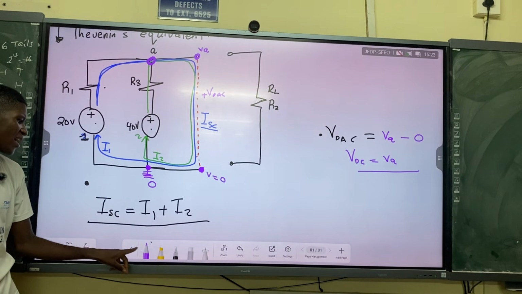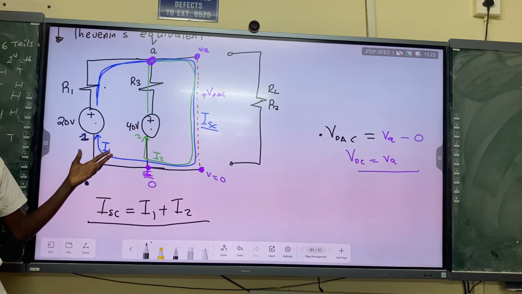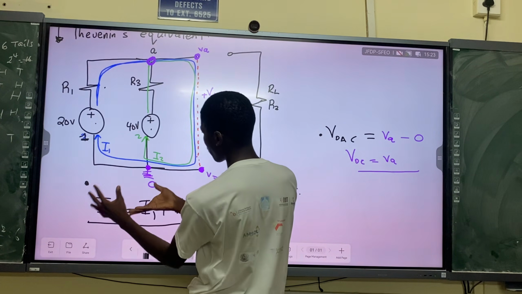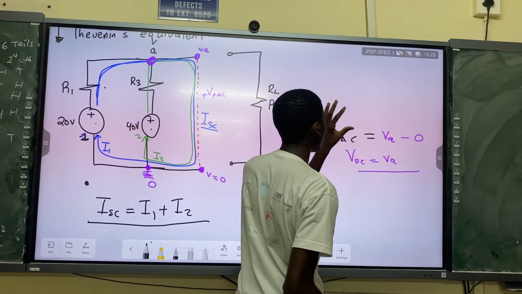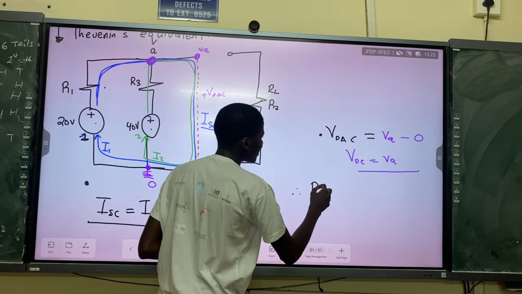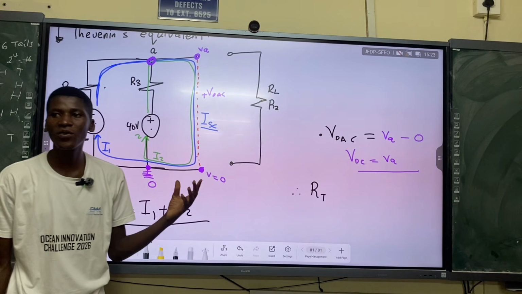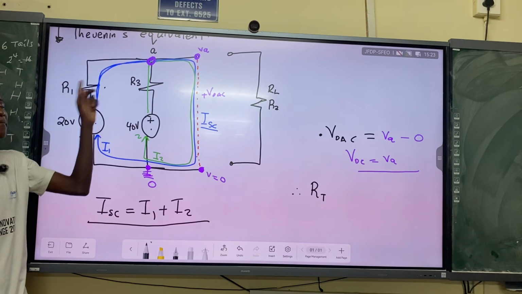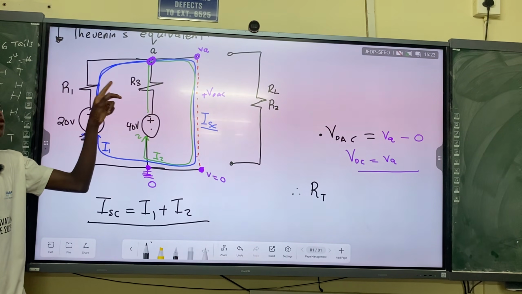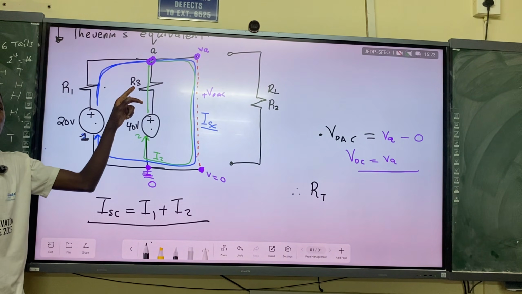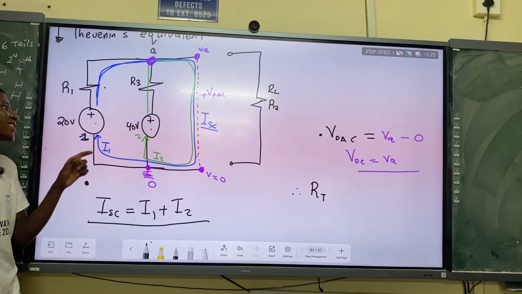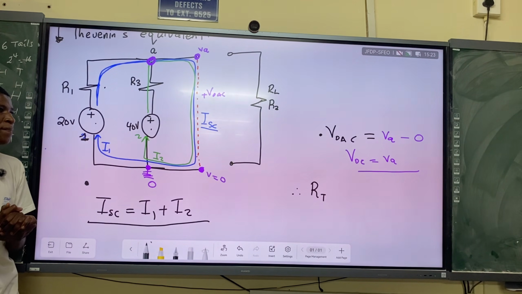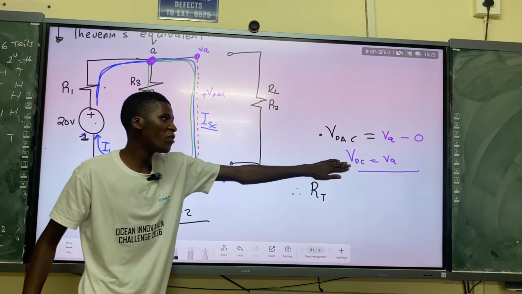So you have to find it, because if you are going to apply Thevenin's theorem, at the end of the day, when you find your short circuit current and you find your VOC, you can find the total resistance that is known as the Thevenin's resistance. Remember, the goal here is to add up these resistors to get one resistor, and to add up these power sources to get one power source or one voltage, and the voltage that you are supposed to get is VOC.